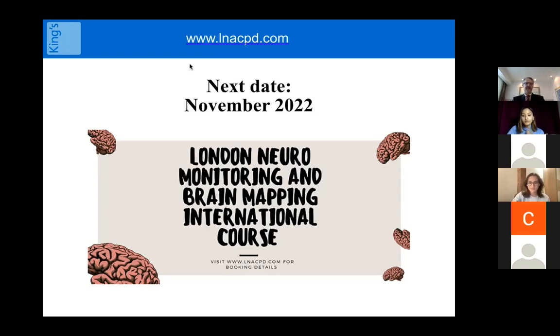So yes, gamma knife is a way of giving stereotactic radiosurgery. And this is, let's say, a special form of radiotherapy that has the advantage of giving a high dose of radiation to a very focal target, again, sparing the surrounding brain.